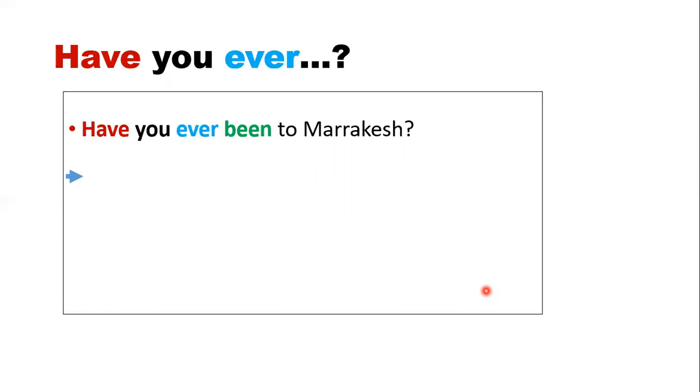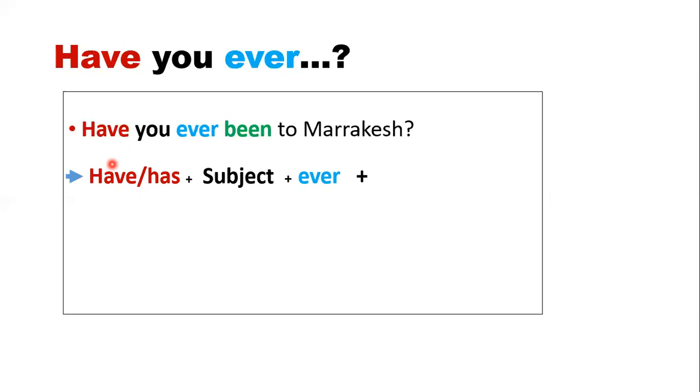Have you ever? Okay, this is an interrogative sentence, of course. Right? And we're using the present perfect. Have you ever been to Marrakech? Someone asks you that question. Have you ever been to Marrakech? So have or has plus subject plus ever.